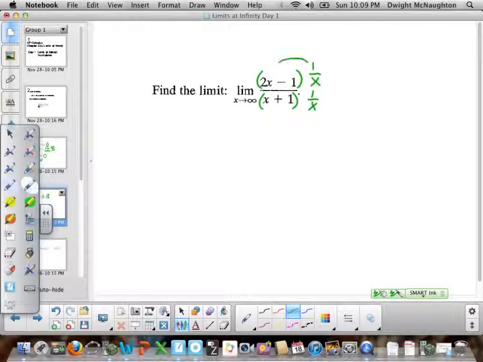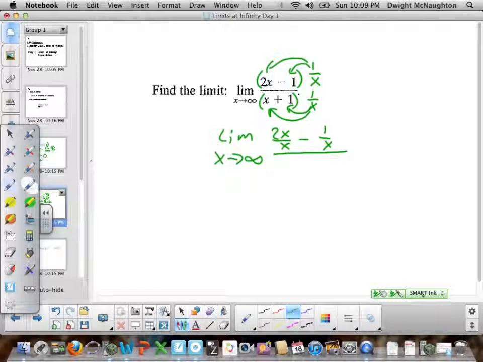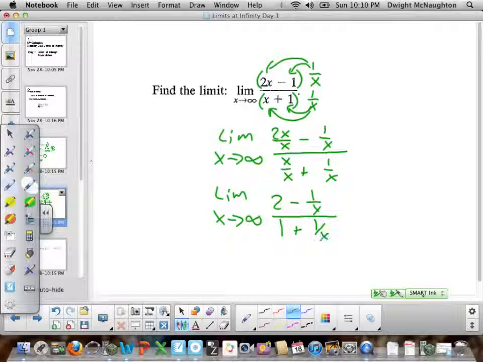As I distribute to the top and distribute to the bottom, this is what my limit gets rewritten as. We will have 2x over x minus 1 over x, all over x over x plus 1 over x. Reduce where we can. The limit as x approaches infinity of 2 minus 1 over x, over 1 plus 1 over x.